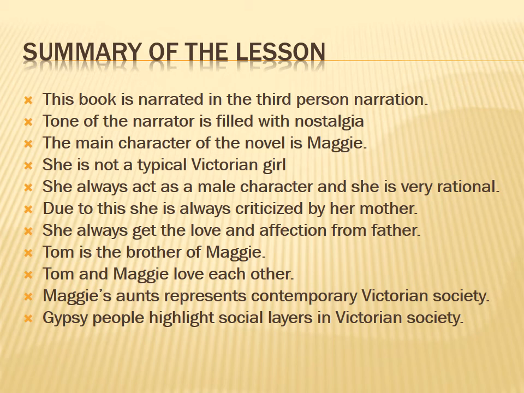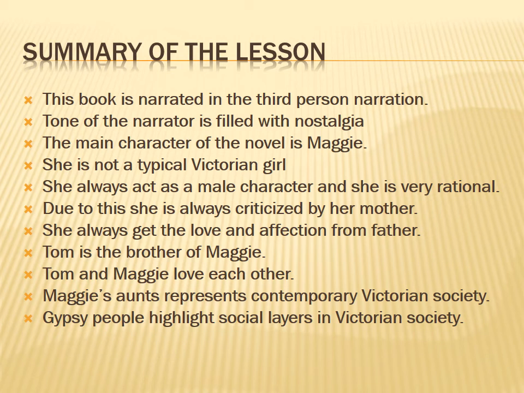Now I am going to summarize the first lesson of The Mill on the Floss. This book is narrated in third person narration. The tone of the narrator is filled with nostalgia. The main character of the novel is Maggie.